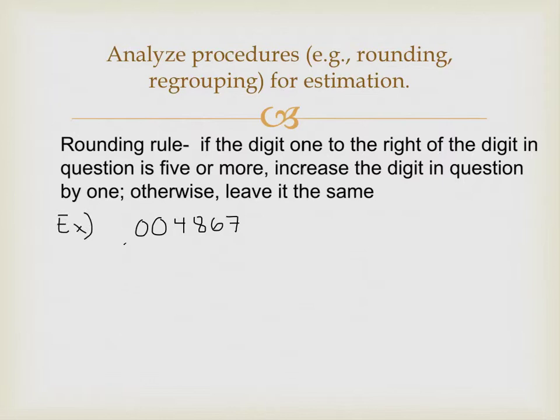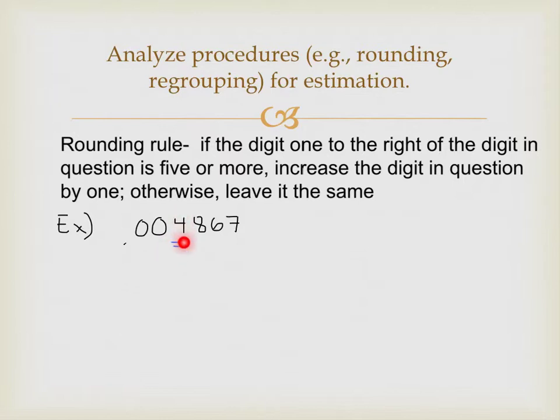And let's say the problem asks us to round to the nearest thousandths. Okay? So count with me. We've got tenths, that's 1 to the right of the decimal place, hundredths, 2 to the right, thousandths, 3 to the right. So this is the digit in question in the definition that I've provided above. So here's our digit in question.